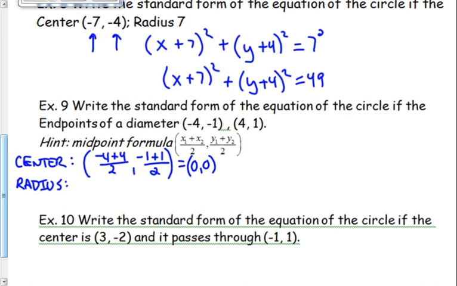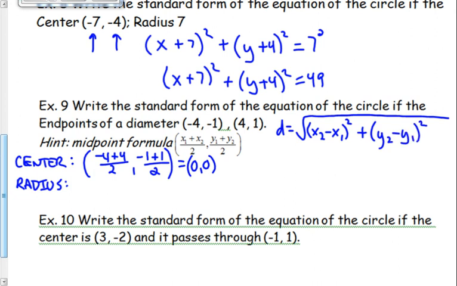Now the length of the radius would be the distance from the center to one of the endpoints. And we're going to have to use the distance formula. The distance formula is d is equal to the square root of x sub 2 minus x sub 1 quantity squared plus y sub 2 minus y sub 1 quantity squared.